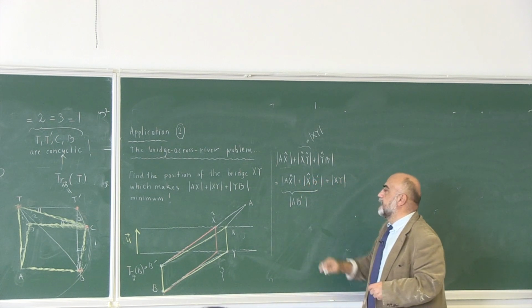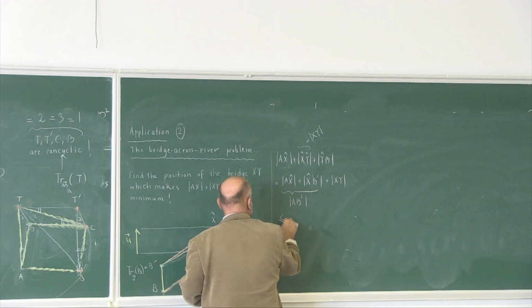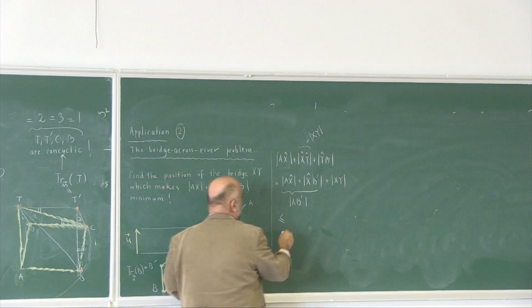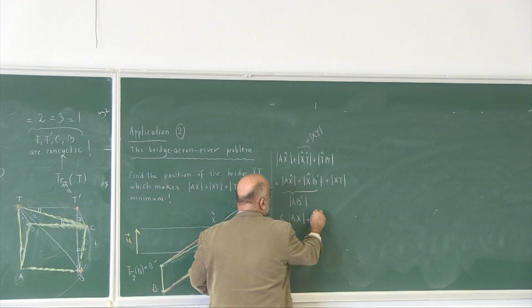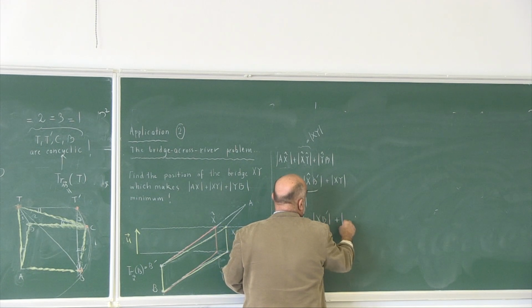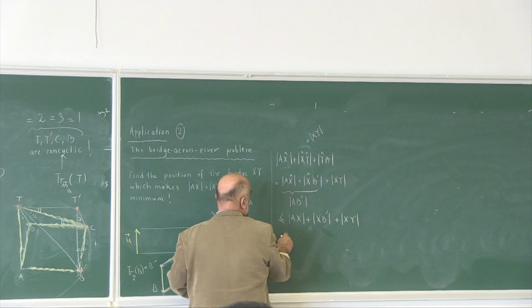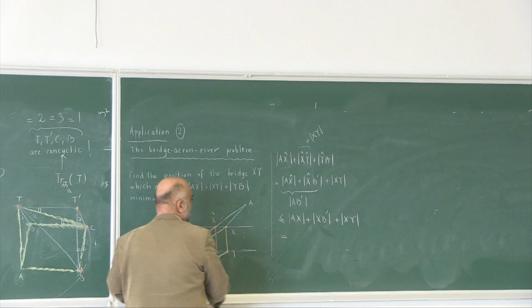But this line segment AB prime is of course definitely less than the broken line AX and XB prime. So AX plus XB prime, and I've got XY, and of course this XB prime is exactly the same as YB.